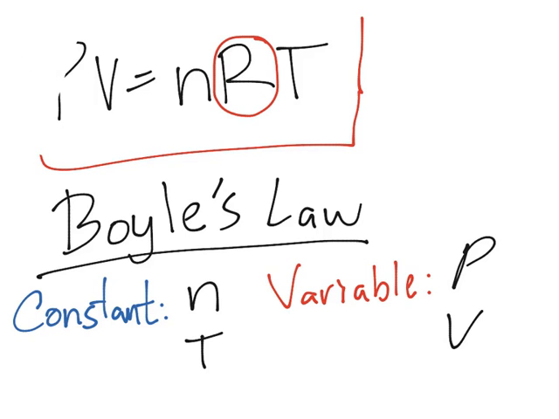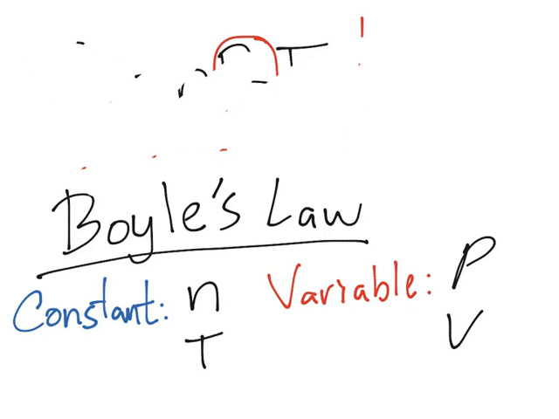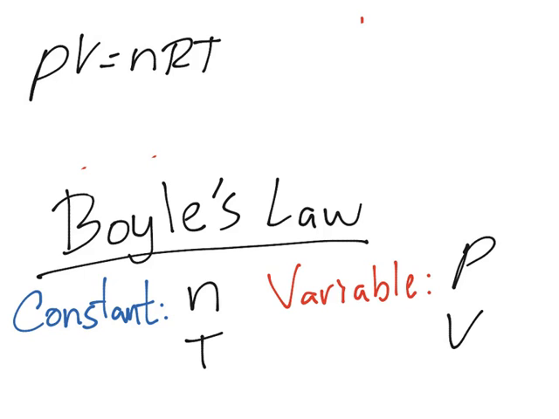Now let me erase this. So if they're telling us that we have the number of moles and the temperature constant, we could just say that this and this is gone.